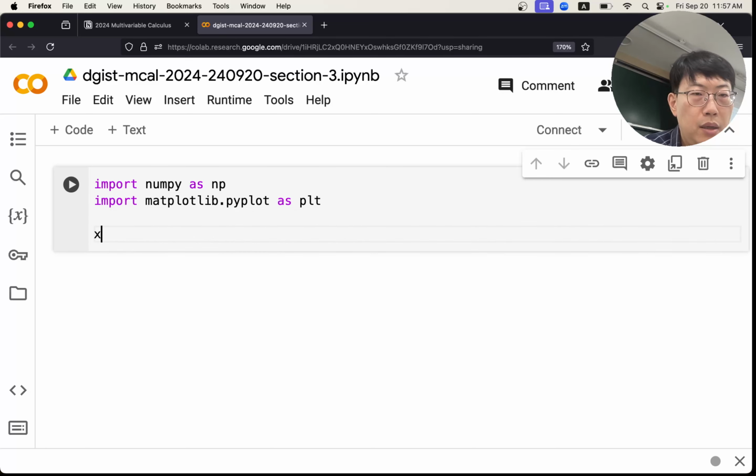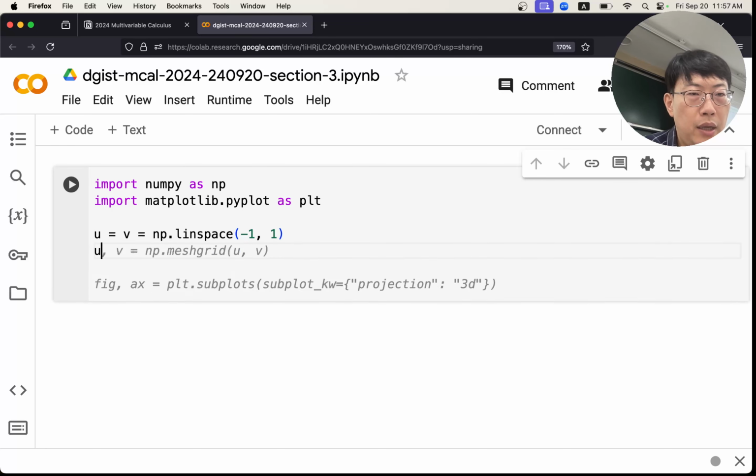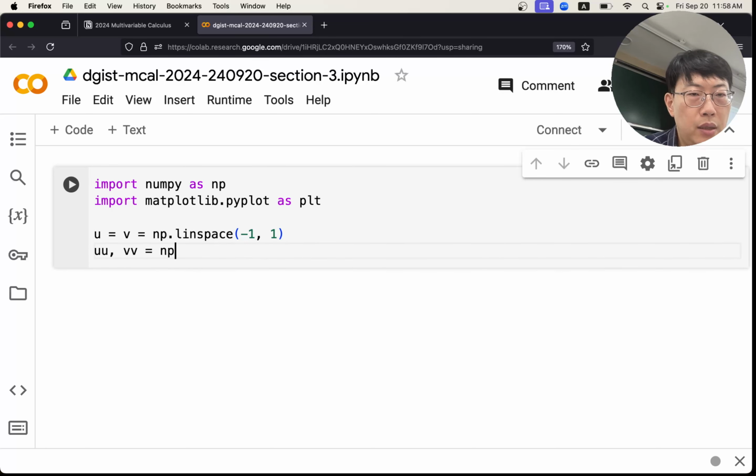And then I'm going to use my u, v as the parameter, and I'm going to take a mesh grid of these two.